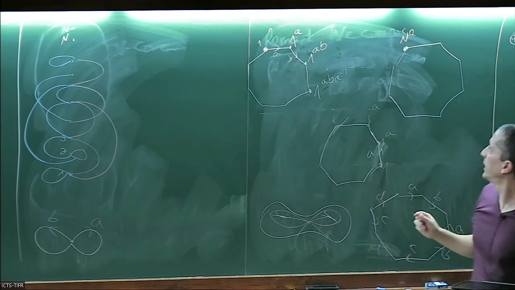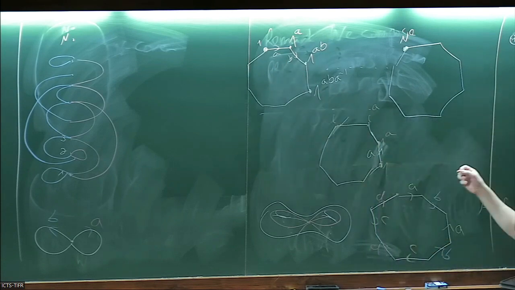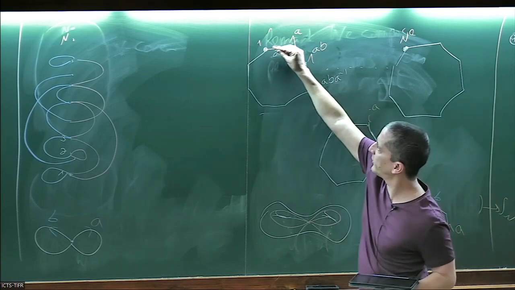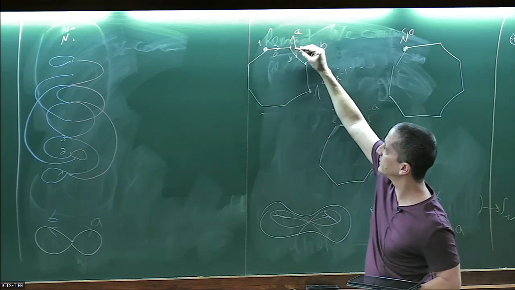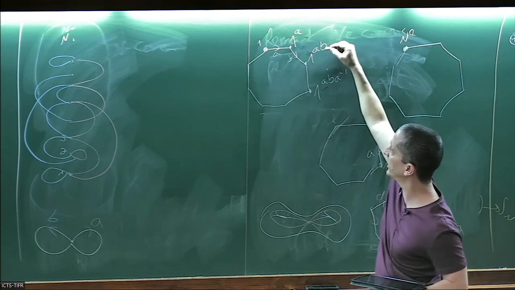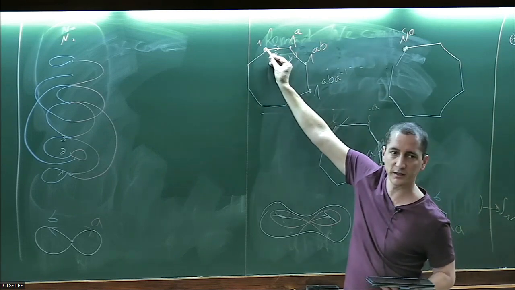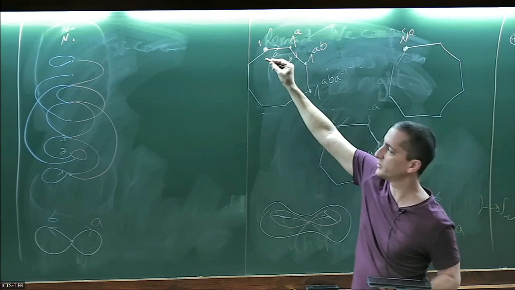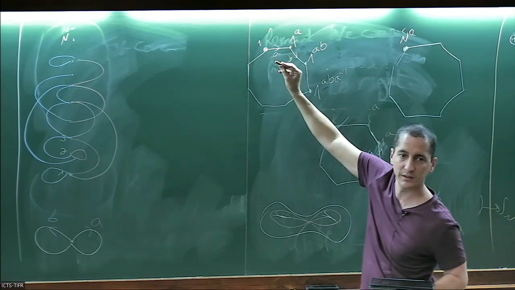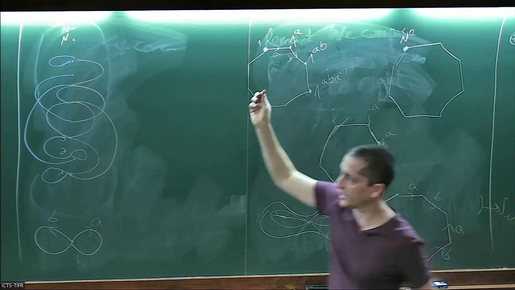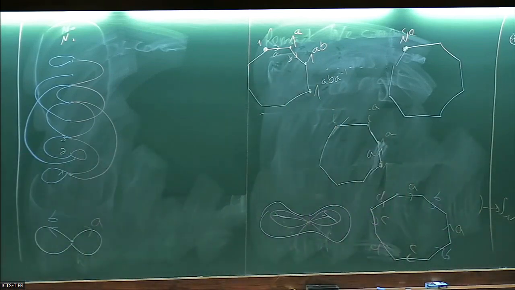Why do I know that this actually works? Why can I label the vertices like that, 1 to the A, 1 to the AB, and so on, and then close the cycle? Why does it work out that after 8 steps I go back to 1? Because these permutations satisfy this relation: the product of commutators is the identity. So it works out well.